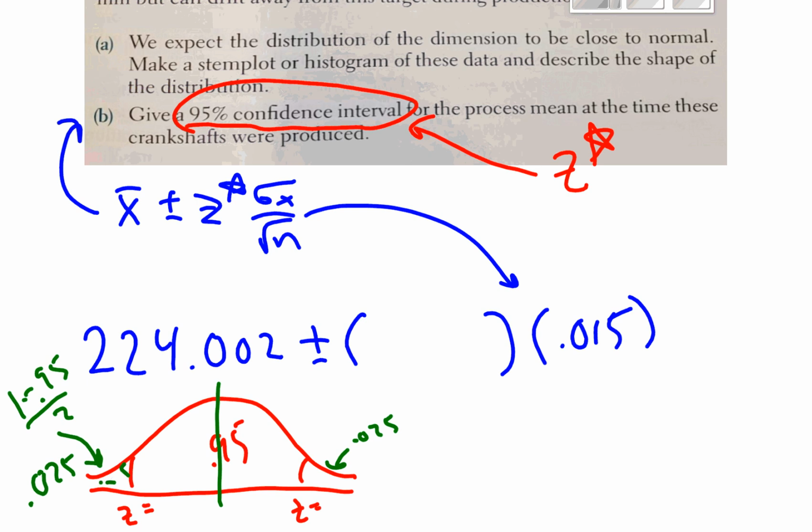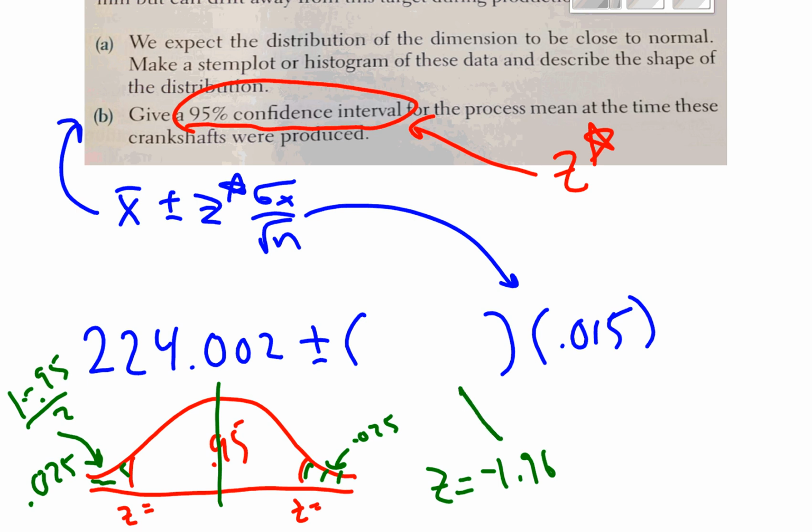And what we want is we want the z-score that would capture those areas. You do that by using either the chart in reverse, look in the normal chart, and look for an area of 0.025, or use inverse norm in your calculator. And if you do inverse norm in the calculator, you're going to get z equals negative 1.96.